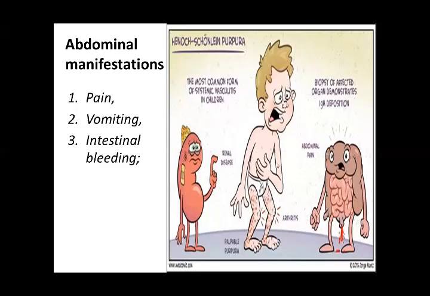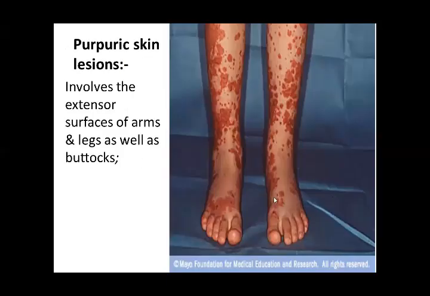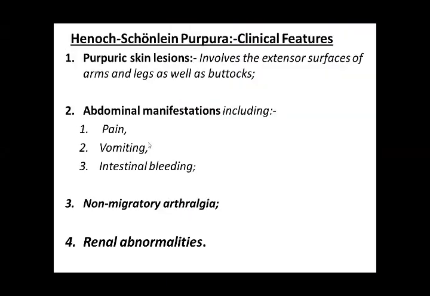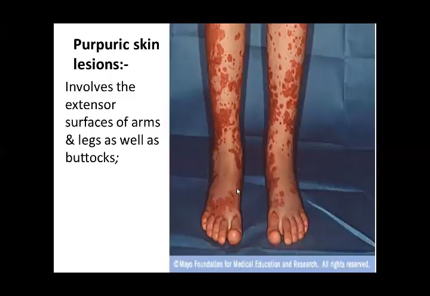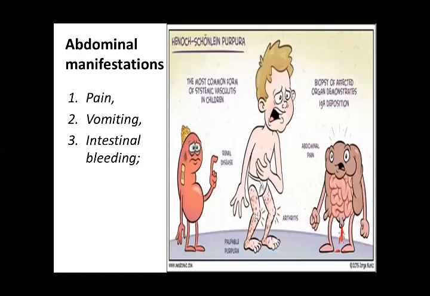So we said skin, kidney, intestine, and the joints. You can see here there is pain in the joints, arthritis, right? And the joints, so he has arthritis as well.